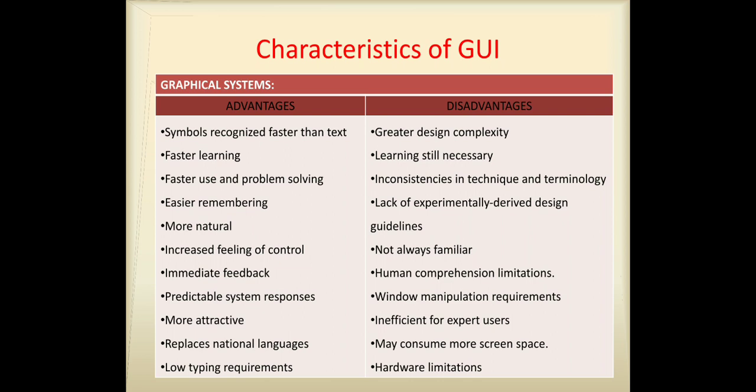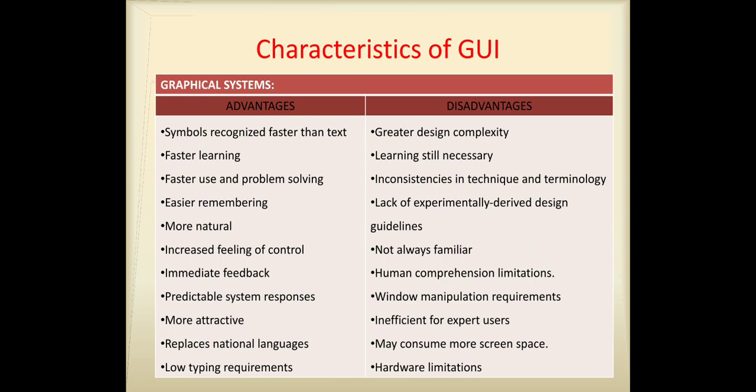Now let us look into the advantages of the graphical systems. Basically, a graphical system consists of a set of symbols. Therefore, symbols are recognized faster than text. Symbols are more accurate than text. For example, a good classification scheme that speeds up recognition is the icons.